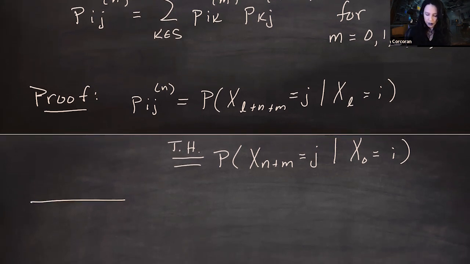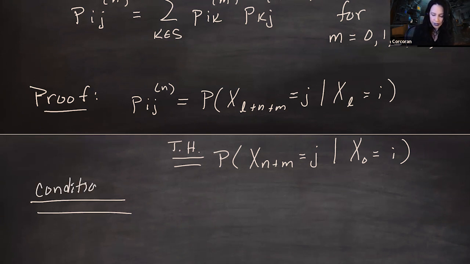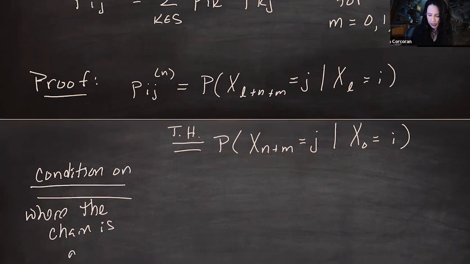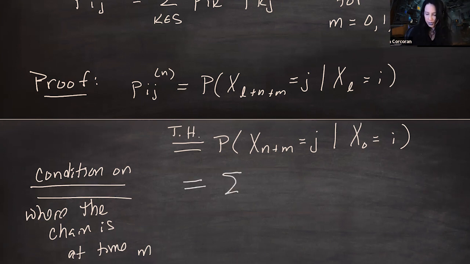So here, the huge equal sign, I'm going to condition on where the chain is at time m. So I'm going to have to sum over all possibilities there. This is going to be the sum over all k in the state space. I'm going to let where I am at time m vary over all k in the state space.